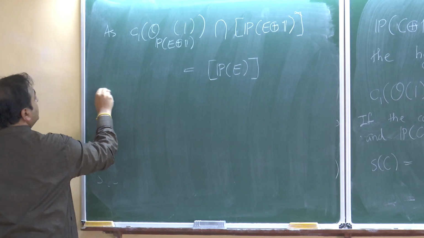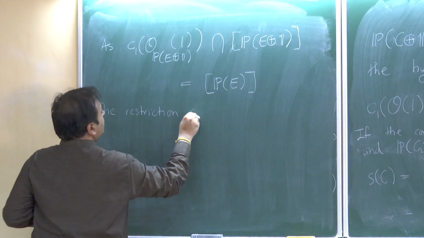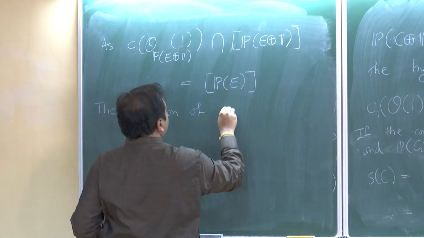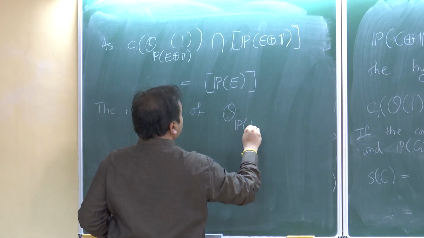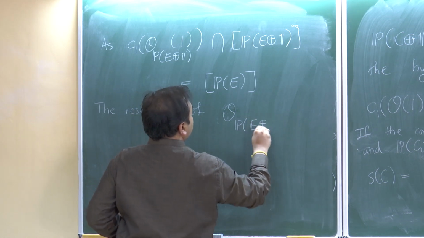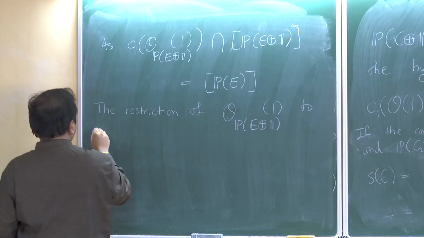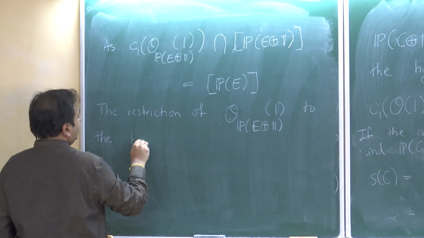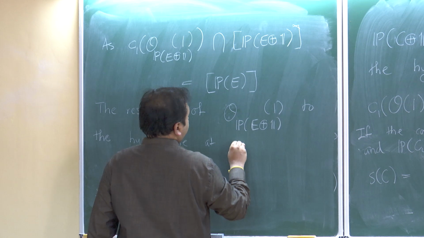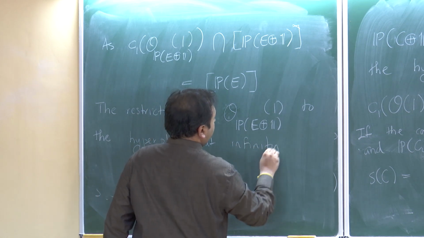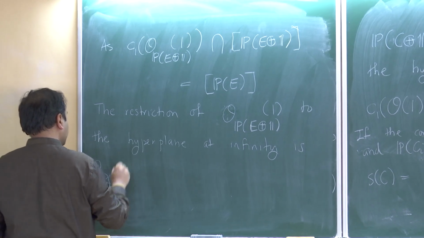And the restriction of O_P(E+1)(1) to this hyperplane, the hyperplane at infinity, is actually O_P(E)(1).